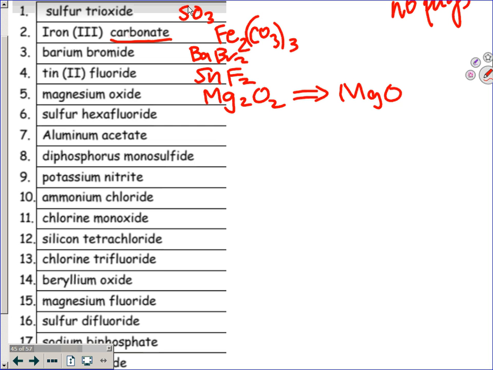All right, so that's going to be reduced. Savannah, sulfur hexafluoride. Aluminum acetate, Hallie. Al, C2H3O2. And then outside it's 3. Good. Grant, diphosphorus monosulfide. P2S, good.